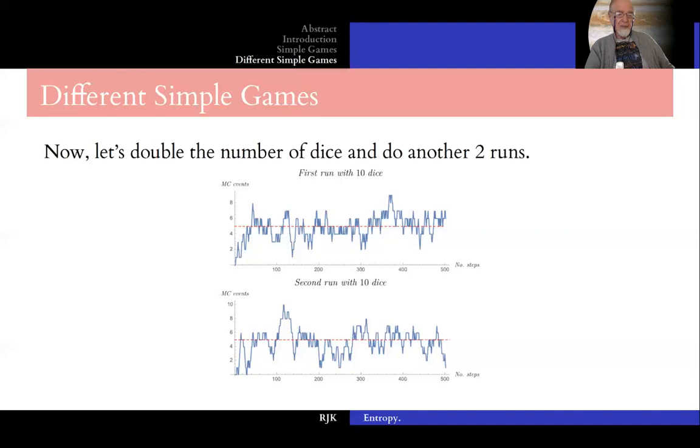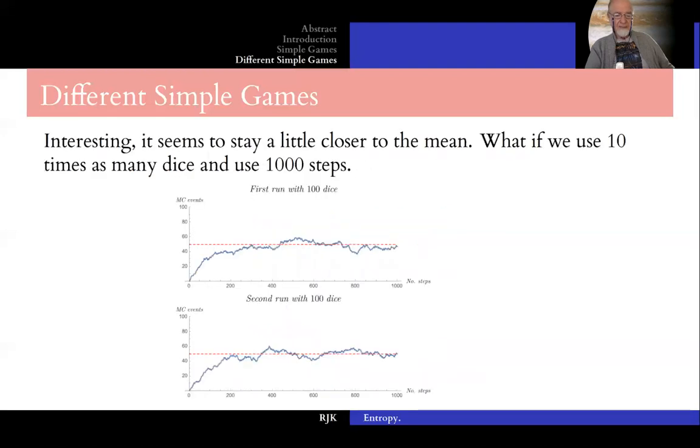So we'll try using even more dice. If we have 10 times as many dice, that is 100 of them, and we have 1,000 steps, then in the first run, it takes almost 500 steps to get to the mean, and it stays pretty close as we keep going. In the second run, they go up a little quicker, but they still stay very close to it.